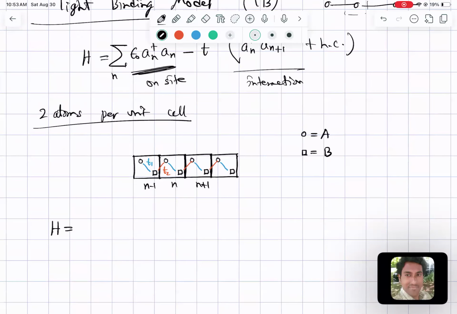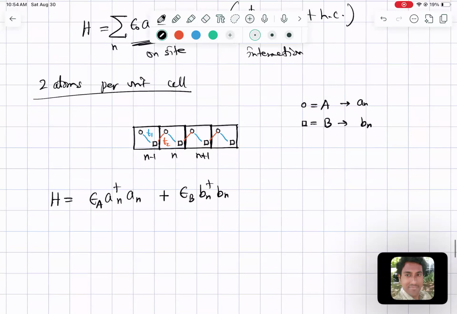So here we'll have A_n dagger A_n for the on-site term, and the energy for that term is epsilon A, plus we have a second atom B, let's call it B_n dagger B_n. The energy for that would be epsilon B. So for A, the operator is A_n, and for B, the operator is B_n.